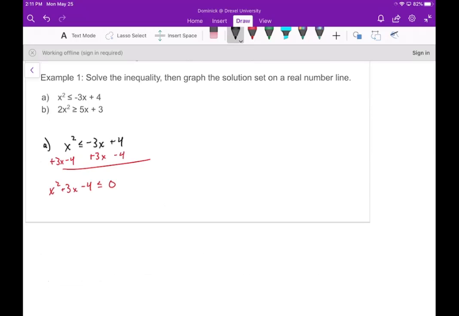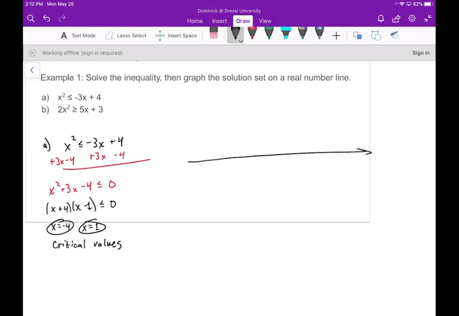Now we can factor this into x plus 4 times x minus 1. This gives me that x equals negative 4 and x equals positive 1. These two numbers are my critical values. This is when it's equal to 0. So in between and beyond these values is where we're going to have positive or negative.